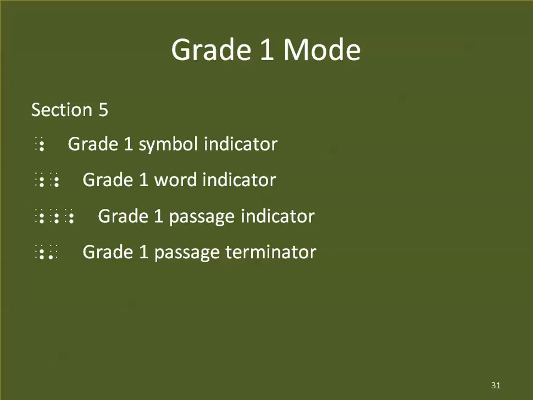And terminators in UEB are always what's being terminated and then dot 3. Actually, there is an exception. I shouldn't say always, but for the most part, what most of us will have to deal with, it's always the what's being terminated and dot 3. So we have the grade 1 passage terminator there, and you'll see that same construction for other things as we go along.